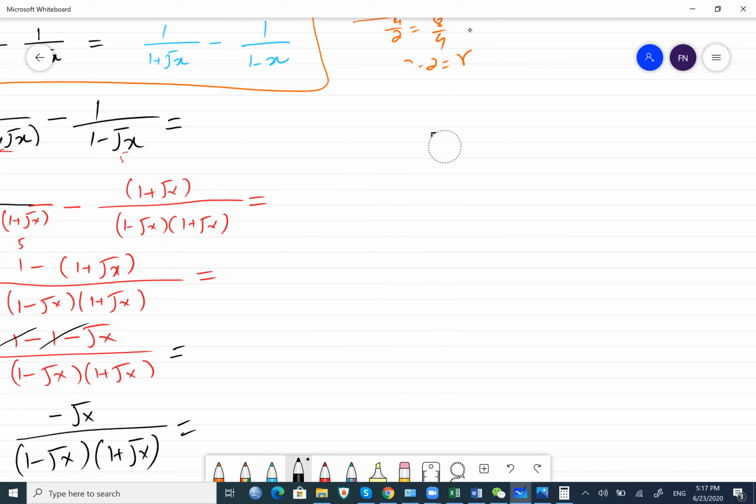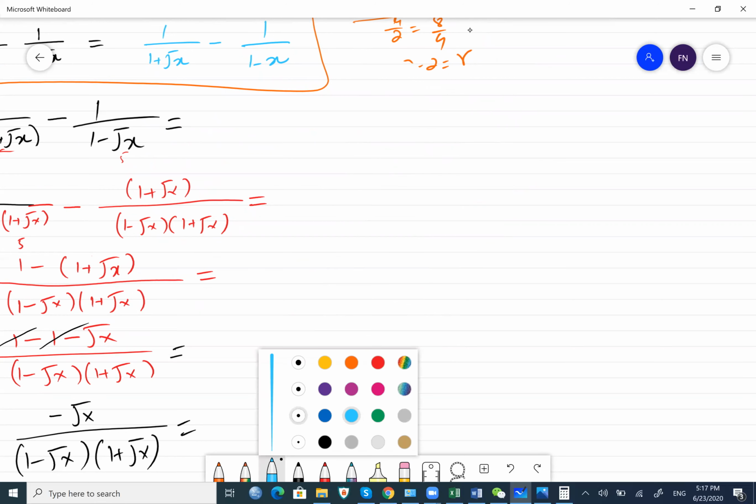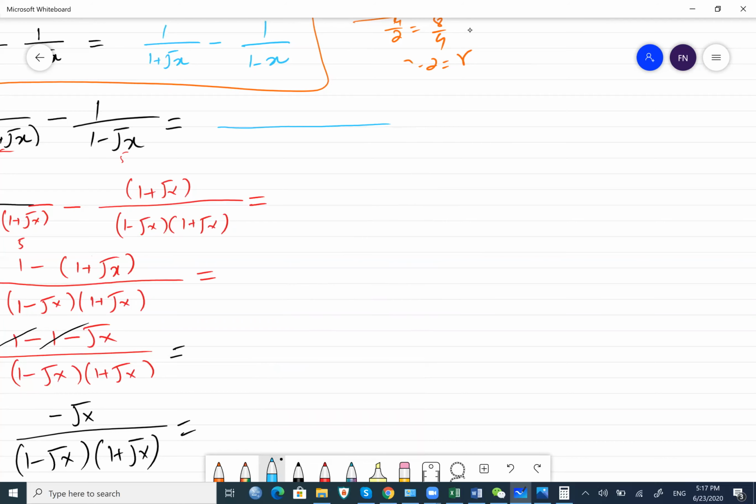Right side is, again we take its LCM. You can see before taking its LCM, I write it in the same fashion. I can write 1 minus x as 1 minus square root of x, 1 plus square root of x.